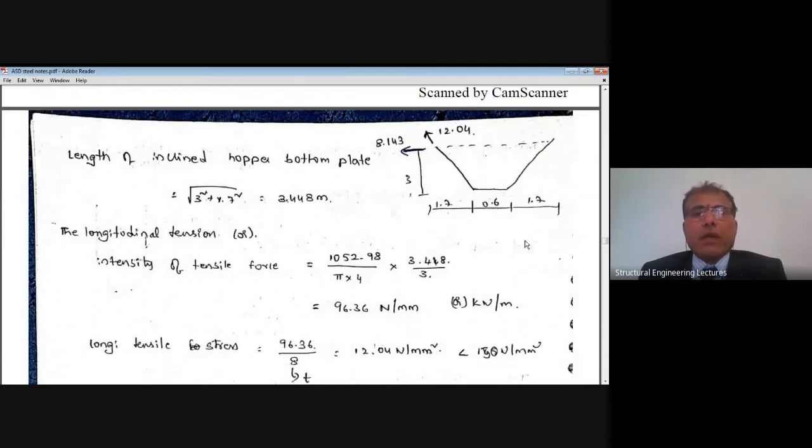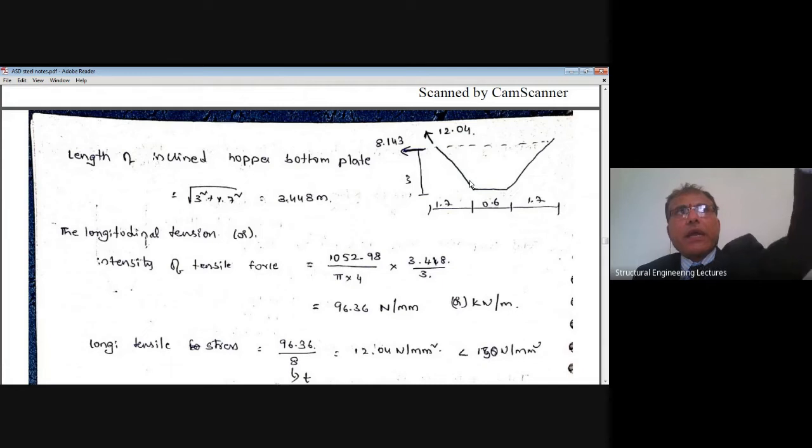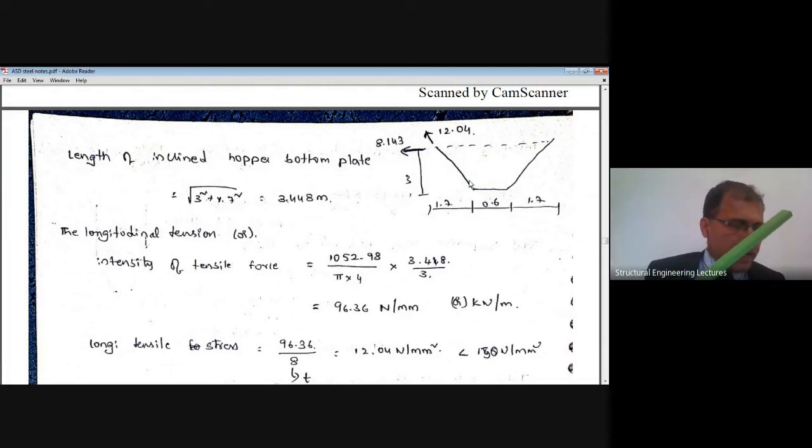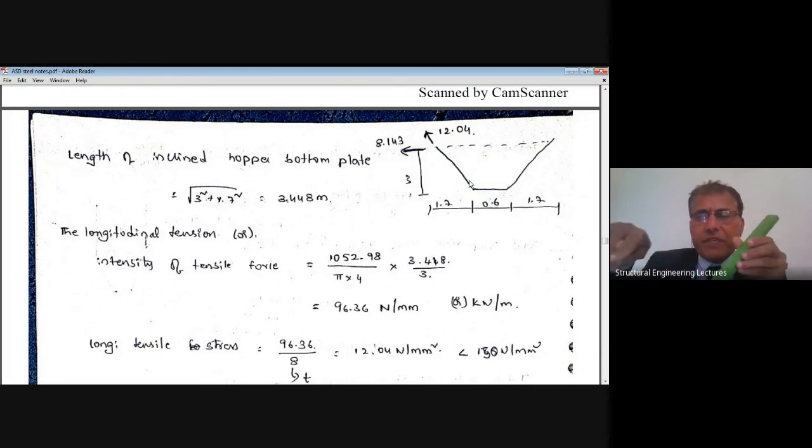Now here, the height of that hopper bottom is 3 meter, and this dimension is 1.7 meter. This is a circular opening of diameter 0.6 meter. Hence, now I'll calculate the length of this inclined hopper bottom plate, which is in the form of a frustum of cone, right?